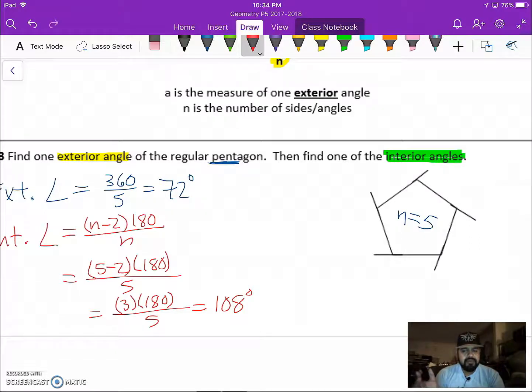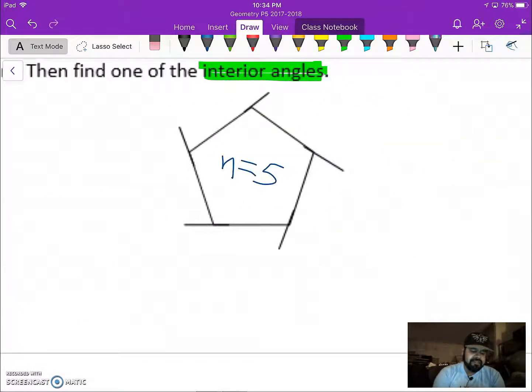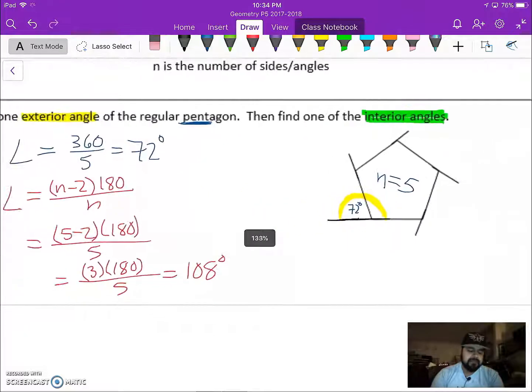Yay! But wait a second, Mr. T. If I know my exterior angle is 72 degrees, and I know that this entire thing forms a straight line, couldn't I have just done 180 minus my exterior angle? And the answer is yes, you could have, if you saw that pattern right away.